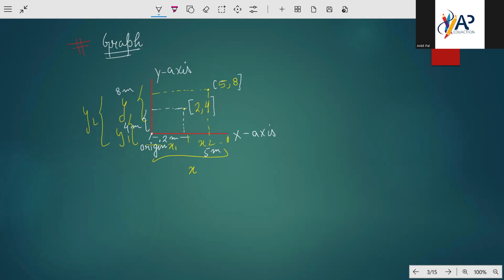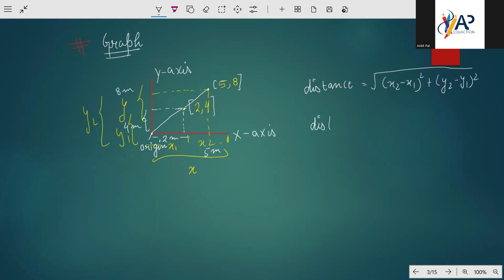If we calculate the distance between these, we use the distance formula, which is under the root x2 minus x1 whole square plus y2 minus y1 whole square.